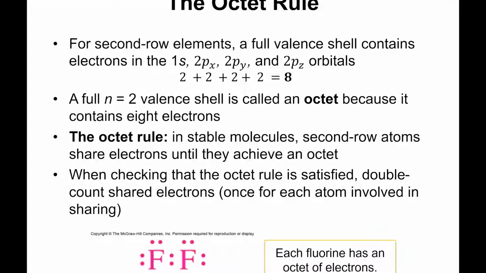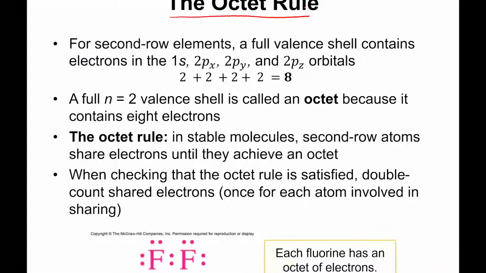Now, we have something called the Octet Rule. This is a rule. It does not apply to every single molecule, and so we say this with caution, but it will help you to remember that generally for second row elements, a full valence shell is going to contain 8 electrons.